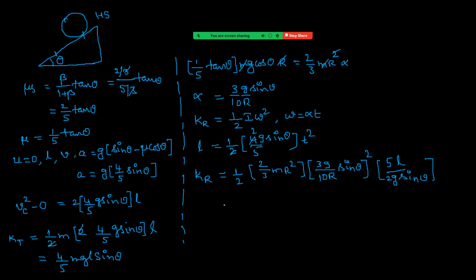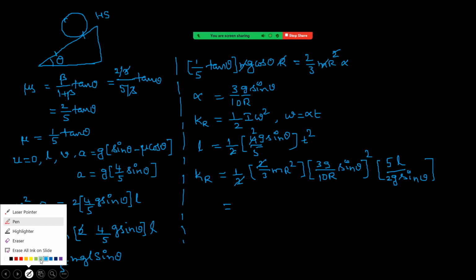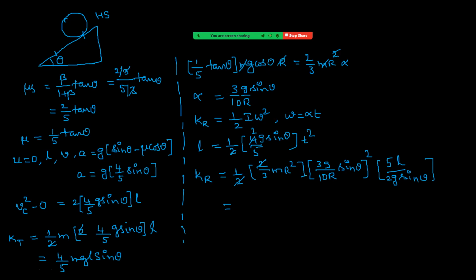Let's see the calculation part carefully. 2 and 2 cancel, okay? Next, what else? See carefully. r square gets cancelled. Next, anything else we can cancel here? Check once. 3 square, that is 9. Here 3 is left. 3 square and 3, remaining is 3.